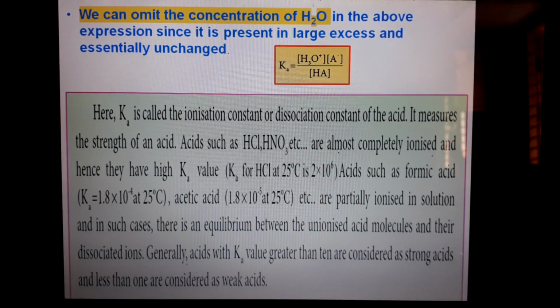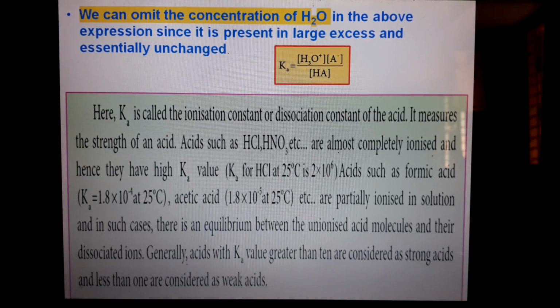Next, formic acid and acetic acid are partially dissociated in water because they are weak acids. They are organic acids, understand? Formic acid and acetic acid.